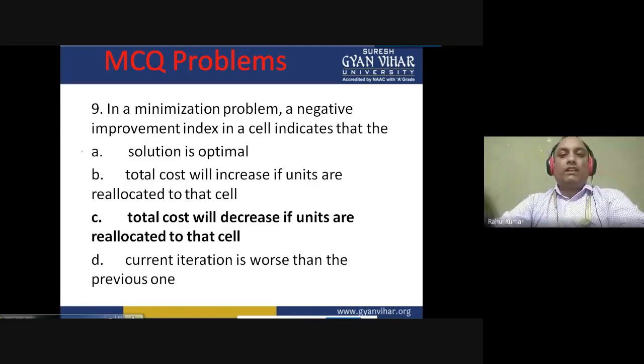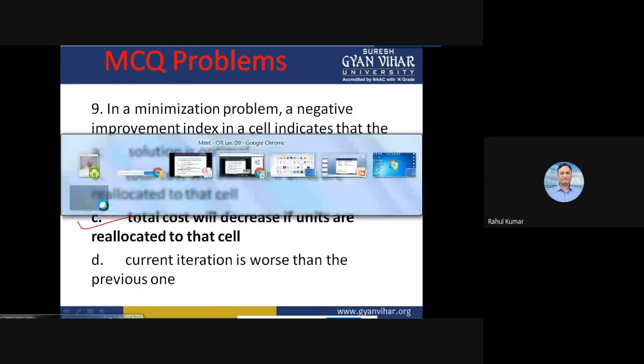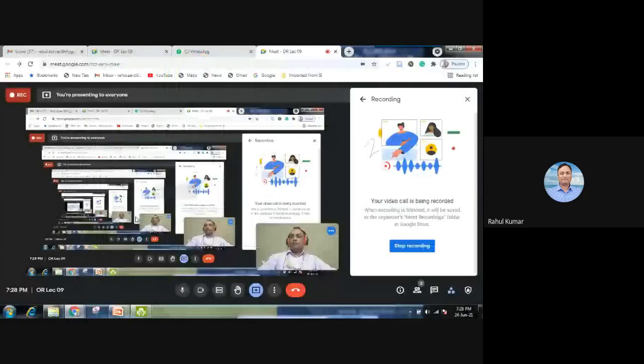So the correct answer for this question is C. Total cost will decrease if units are reallocated to that cell, right? And then move to the next question.